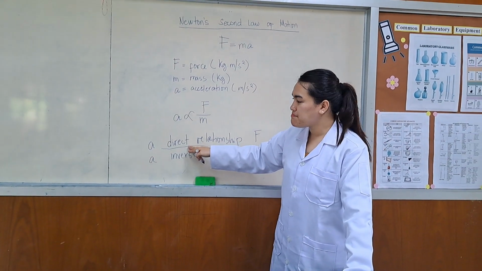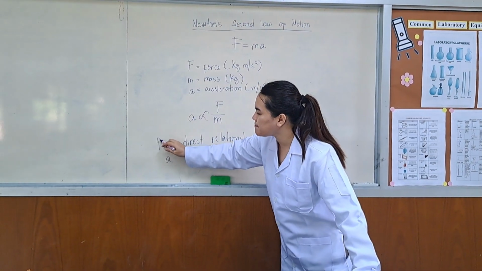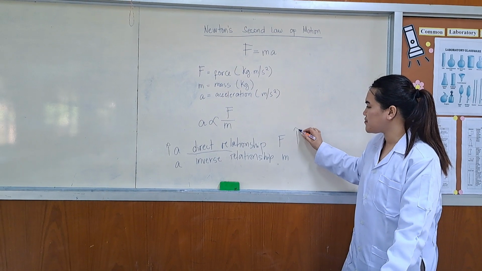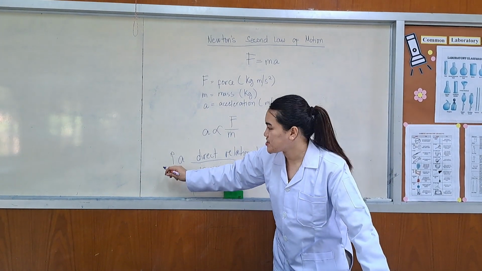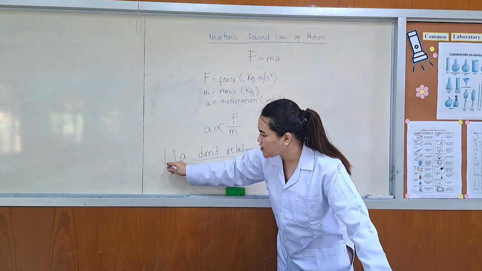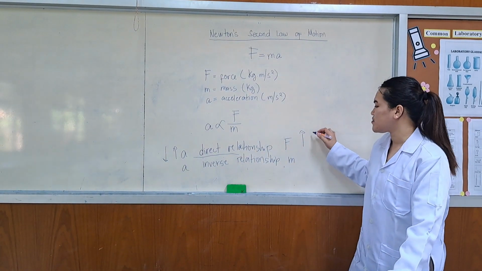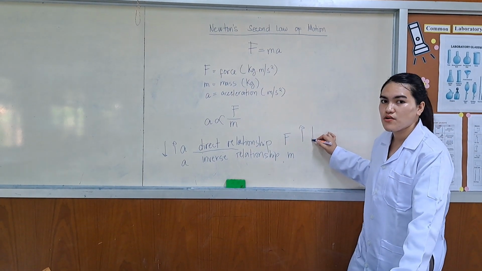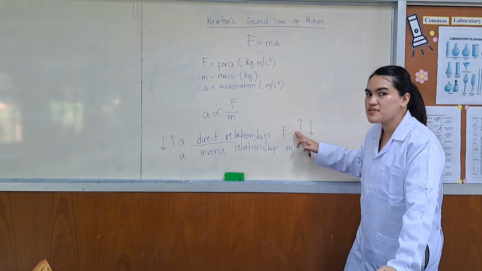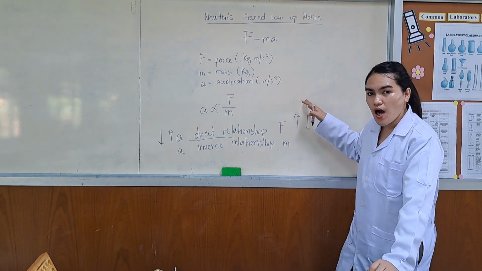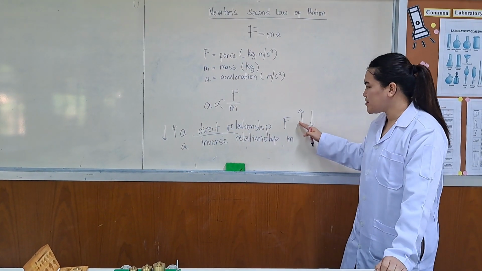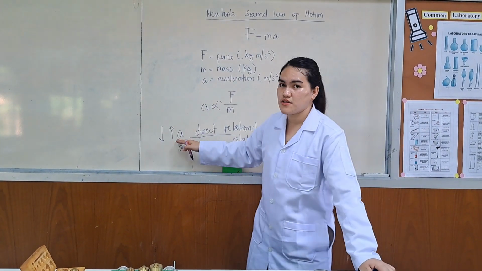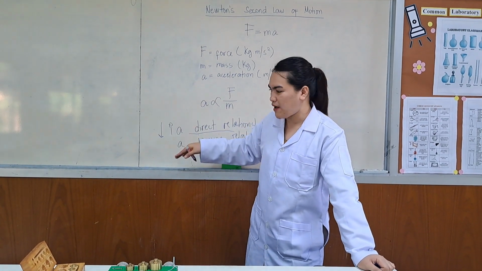Direct relationship means when one goes up, the other will go up, and vice versa. When acceleration goes down, force will also go down. Or when force goes up, acceleration will also go up. When force goes down, acceleration will also go down.